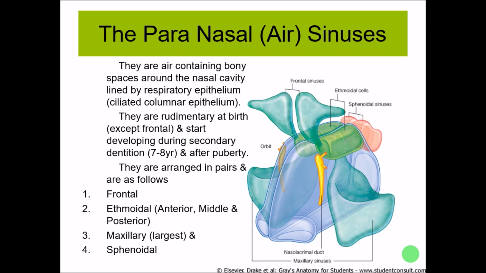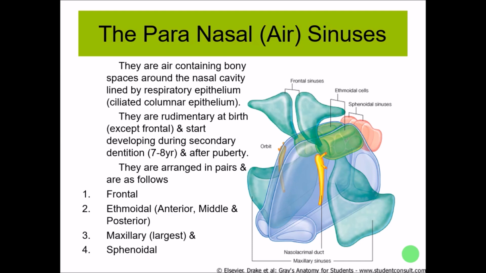Try to differentiate these sinuses from the sinuses present within the cranial cavity. Those are called dural venous sinuses because they contain venous blood and they are within the dura mater. Those are different from the paranasal air sinuses, which are present in the bones of the face.